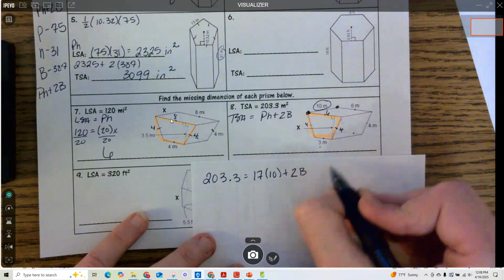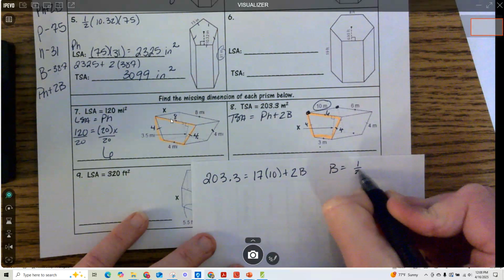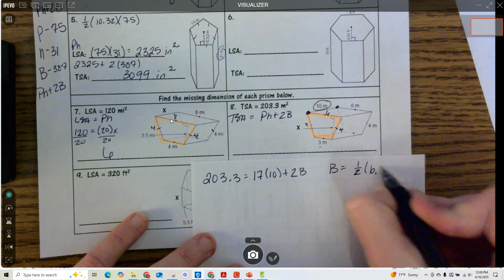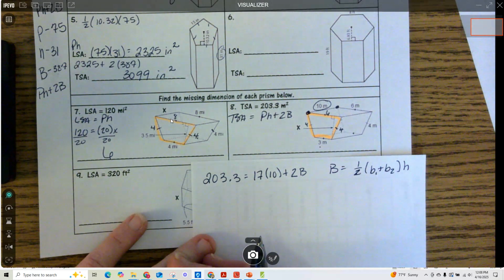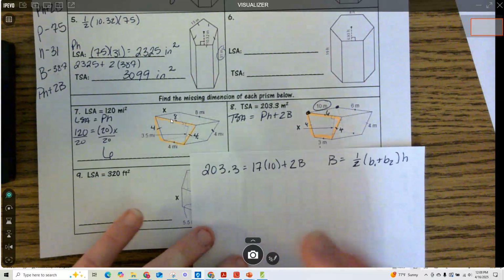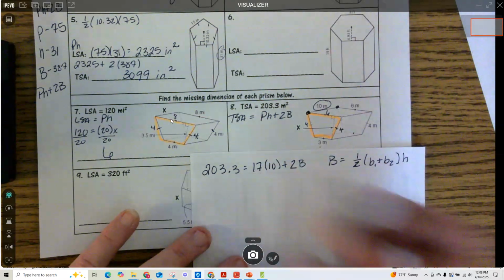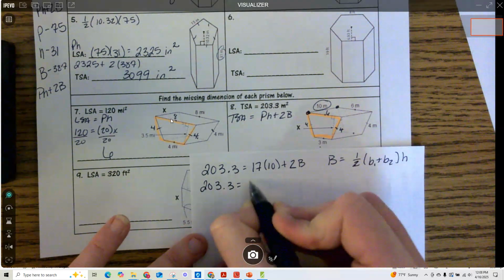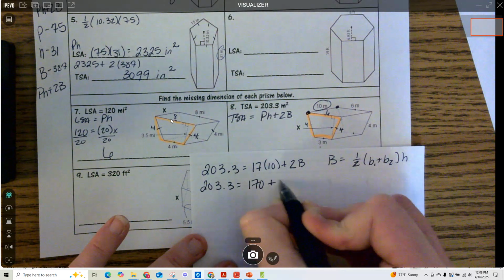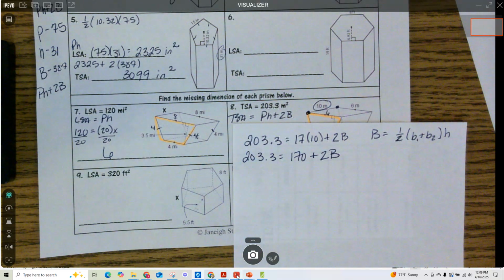And then I know that big B equals 1/2 base 1 plus base 2 times height. Okay? I'm going to get you all the way to this point. So, if we simplify this down, 17 times 10 is 170 plus 2 big B. All right, what do I do first to solve that one?